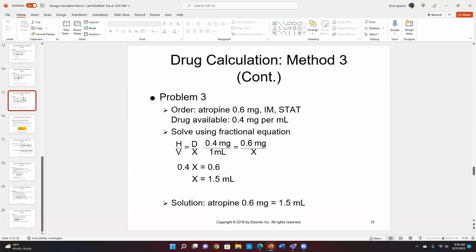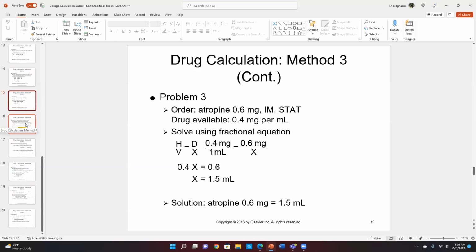Let's set up our ratio, 0.4 milligrams over 1 mL, because that's how the medication comes. What's ordered is 0.6 milligrams, and we have to solve for X. We'll cross multiply, get the X by itself, and then we get 1.5 mLs. So I know that I'm going to administer 1.5 mLs of atropine intramuscularly right away for my patient.